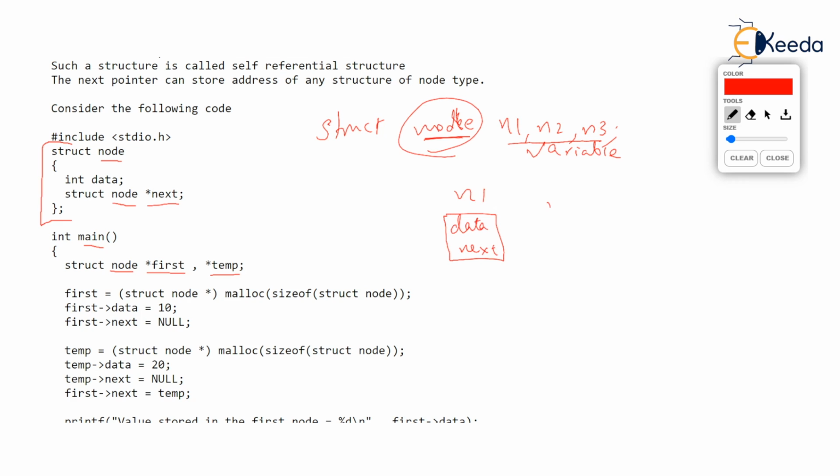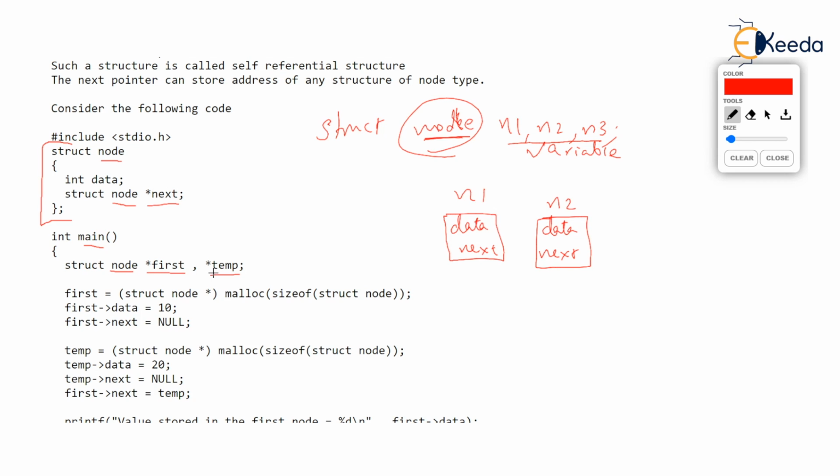It can store data and it will have a pointer. Same goes with n3. But first and temp, observe the cursor place. First and temp are not structures. They are pointers to structures. So first is not going to store any integer data and next pointer. First will store only address. Similarly, temp will store an address.